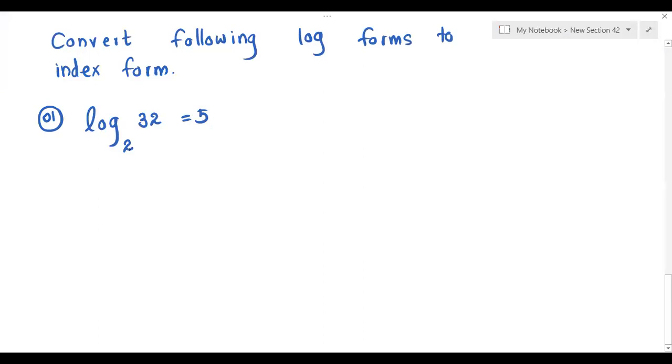Okay, now we know that base is 2, no? Base is 2. Now remember that the index is 5. Okay, then 2 to the power of 5 is equal to 32.